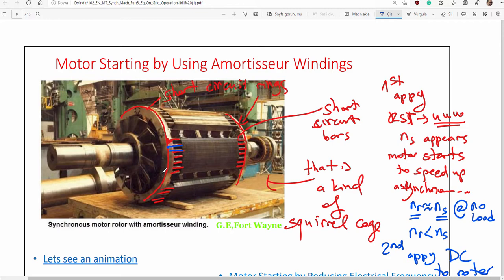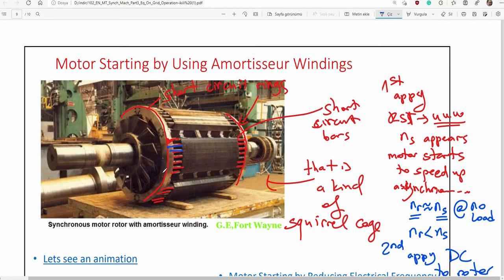If there is no relative speed between rotor and stator, there is no current in the damper bars. But in case there are some delta oscillations, in case there's a power change, there will be some delta swing, rotor position swing. In such a case, there is a relative motion of the damper bars with respect to the stator's rotating magnetic field.